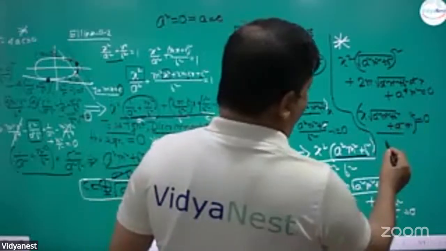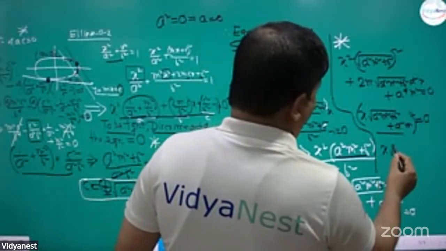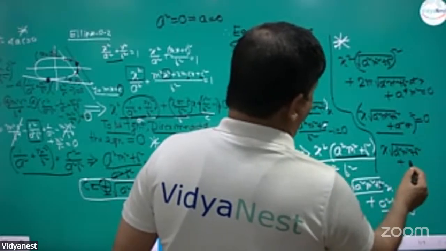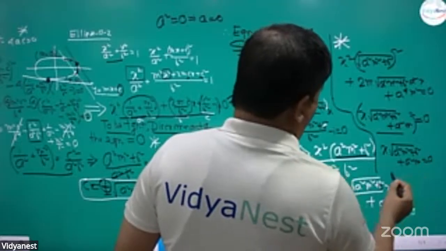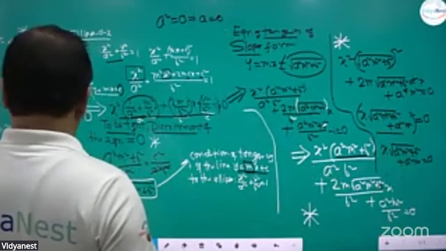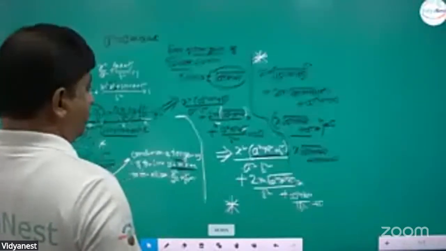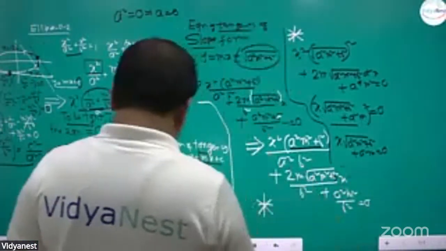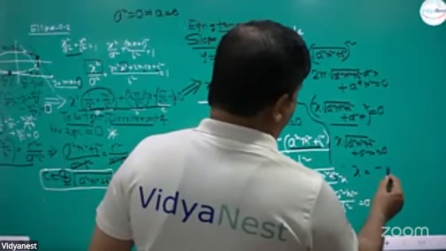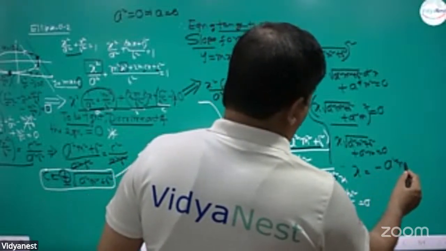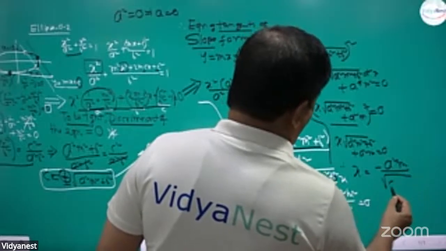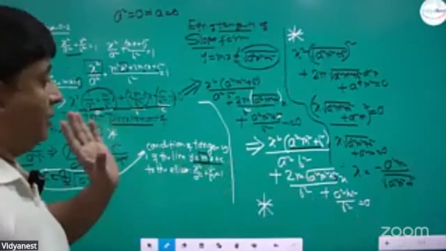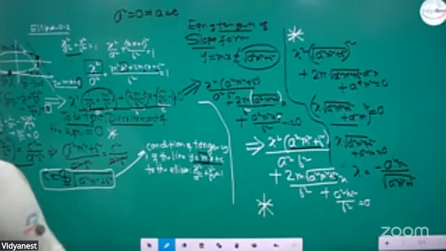So this thing whole square equal to 0 means x root a square m square plus b square plus a square m is equal to 0. So what is x? From here we have got x is minus a square m by root a square m square plus b square. That is the x component of the tangent.